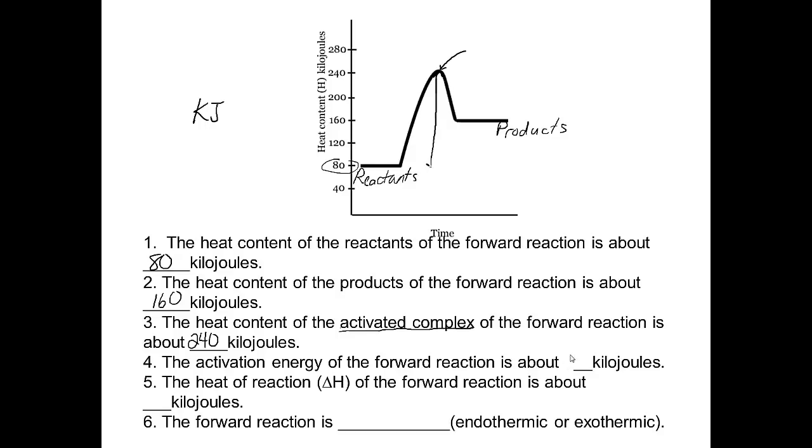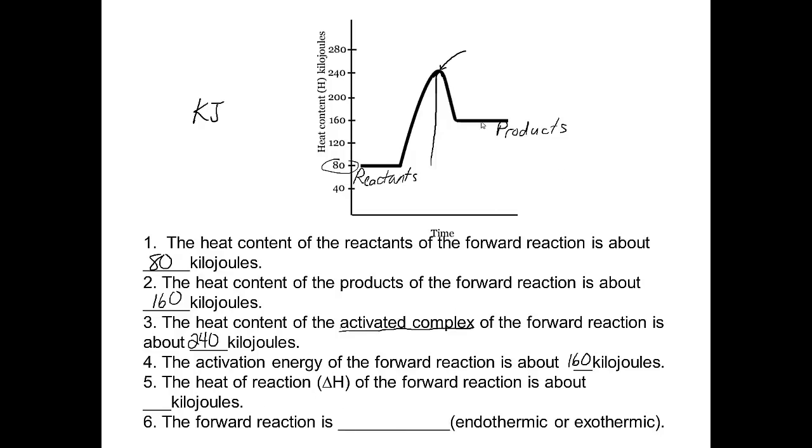Mental math, 160 kilojoules. So that's how much energy. You could either subtract it. You don't like subtracting? Okay, fine. You kind of add. You just go, okay, there's 40, there's 80, there's 120, there's 160. Seriously, no calculators needed.